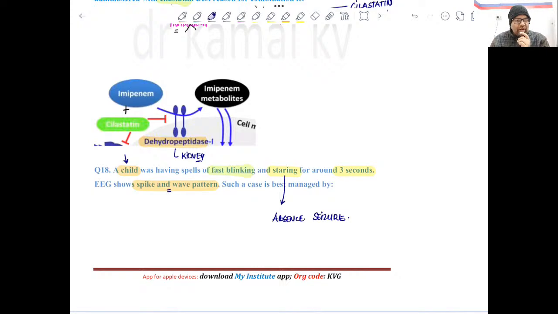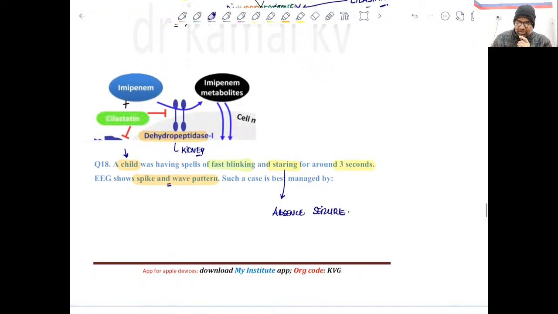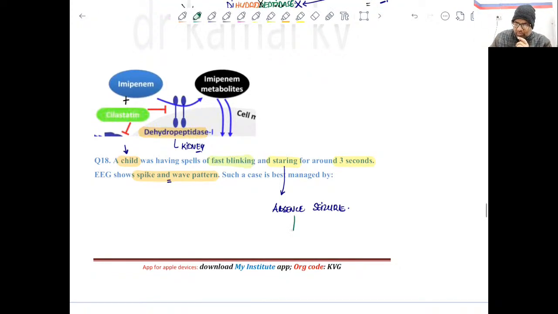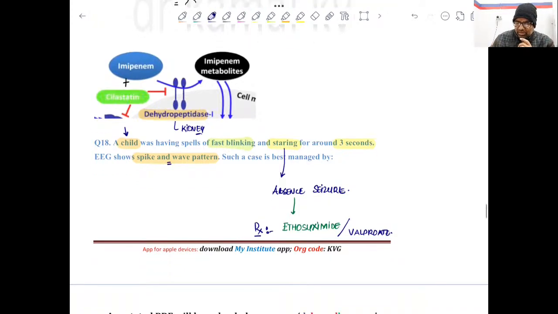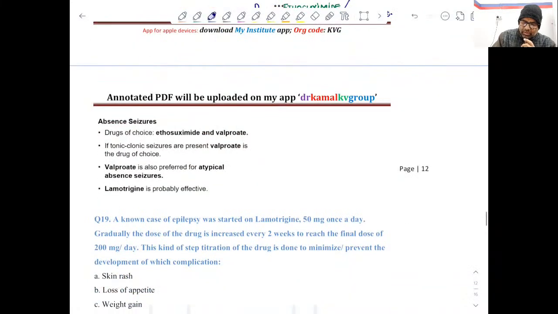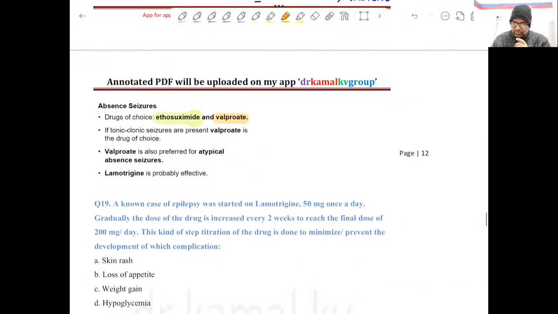And the electroencephalogram will show a spike and wave pattern. Now for absence seizure, what do we need to give? We can give ethosuximide, and if it's not there in the options, you can search for valproate in the options. So these are the drugs given for absence seizure and very easy to identify. So we can give ethosuximide or valproate.